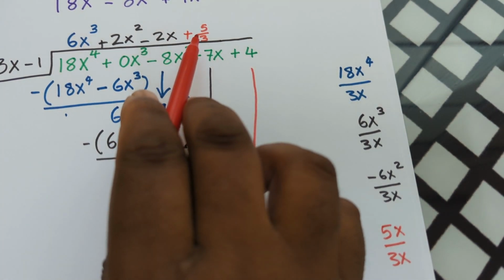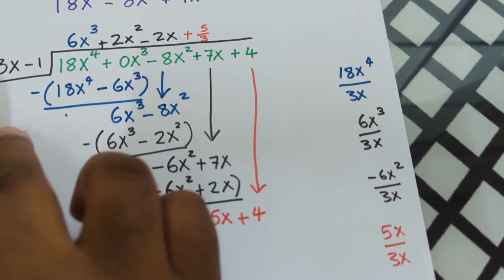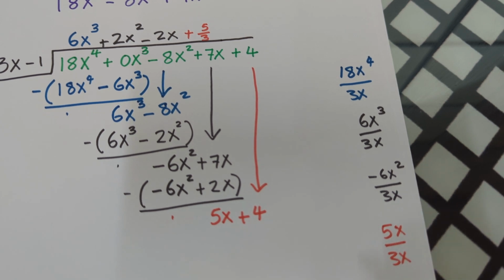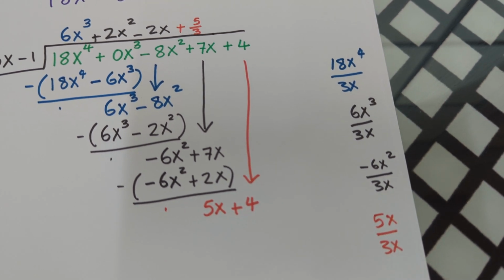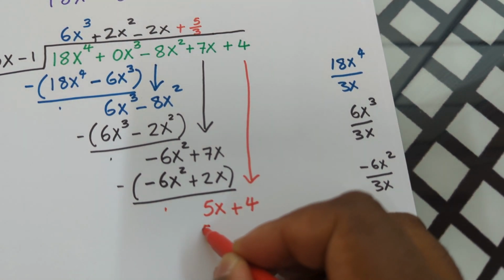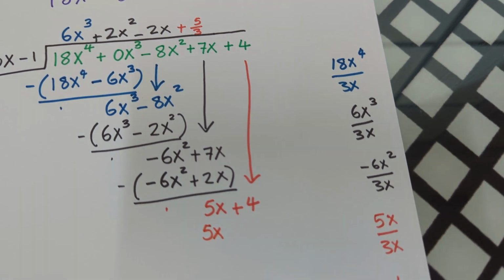And then we multiply the 5 over 3 multiplied by 3x. So if you take 5 over 3 and multiply it by 3x, obviously this 3 will cancel with this 3 and you are going to remain with 5x. So it will go back to 5x.